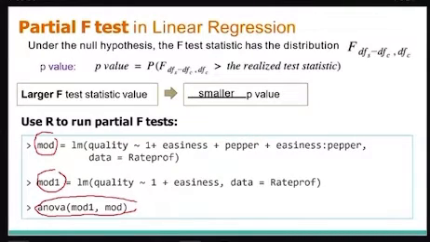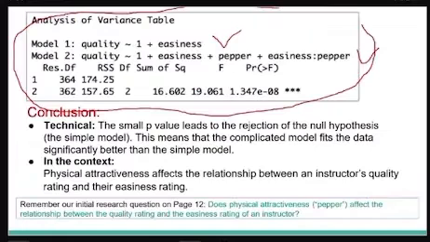You got to write the simple first. Now, it's going to remind you that in your model 1, you are only looking at the effect of easiness on quality. Your model 2, you are looking at the main effect of easiness, the main effect of pepper, as well as their interaction on the quality. It's going to tell you that. Please pay attention.